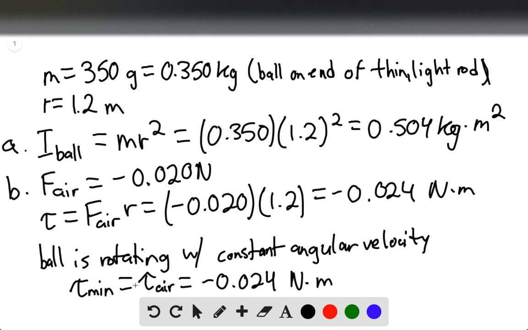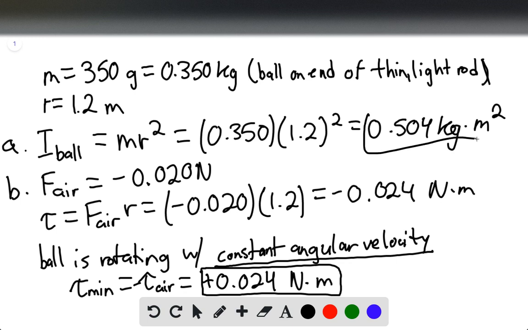But in order to counteract air resistance, it's going to have to be positive instead of negative. So instead of negative 0.024, it'll be positive 0.024 in order to cancel out the air resistance. And again, this only occurs when the ball is rotating with constant angular velocity. This is extremely important. So this would be your answer for B, and this will be your answer for A.